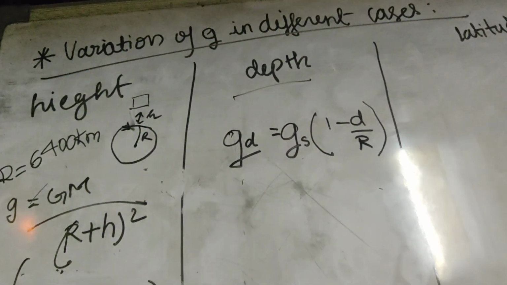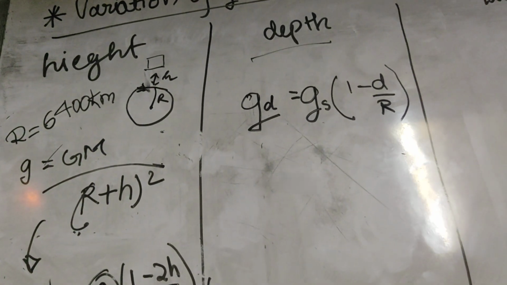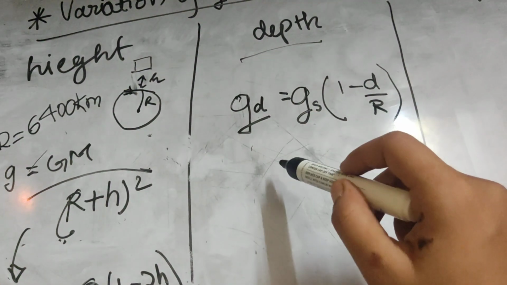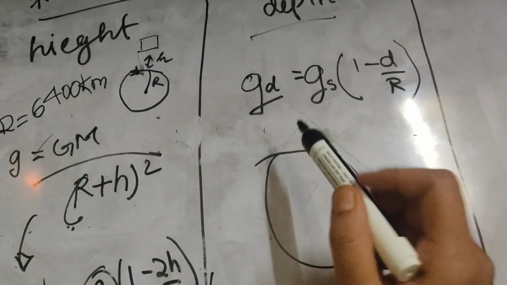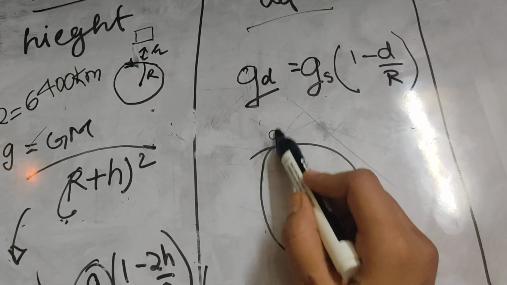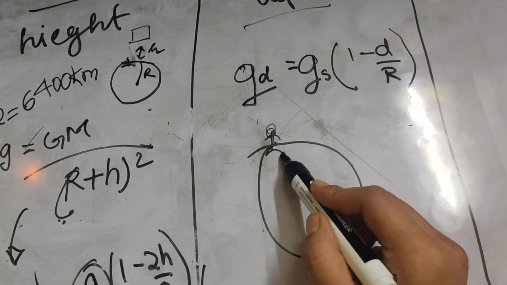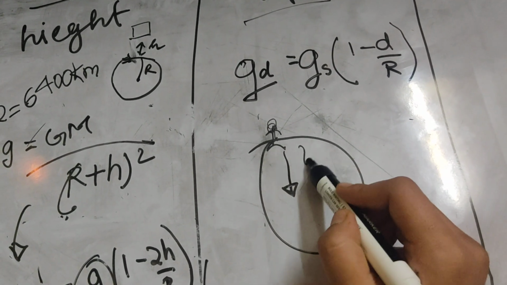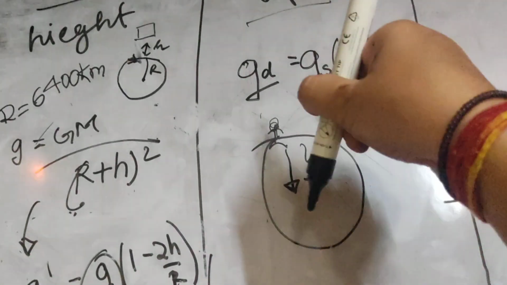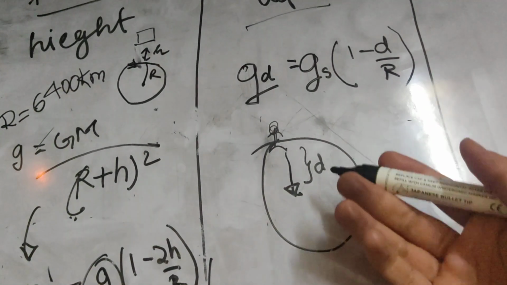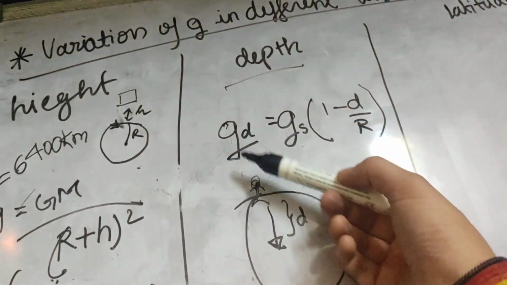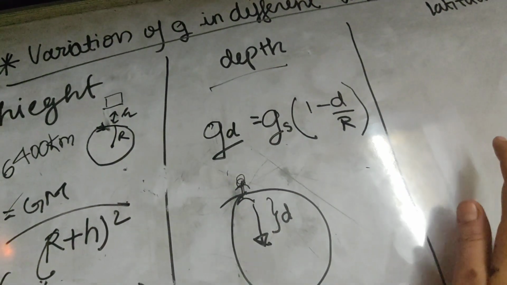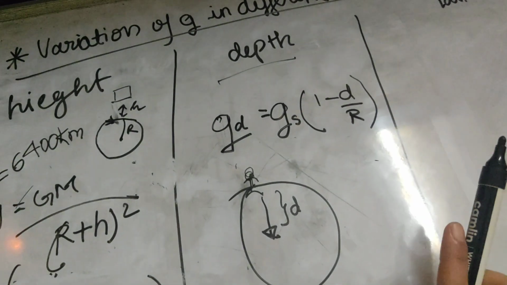How do you represent this diagrammatically? Suppose this is your earth and you are on the surface. Now you are going to a depth d inside the surface. At that particular point, the acceleration due to gravity you feel is given by this formula. There is no modification, this formula is applied directly.